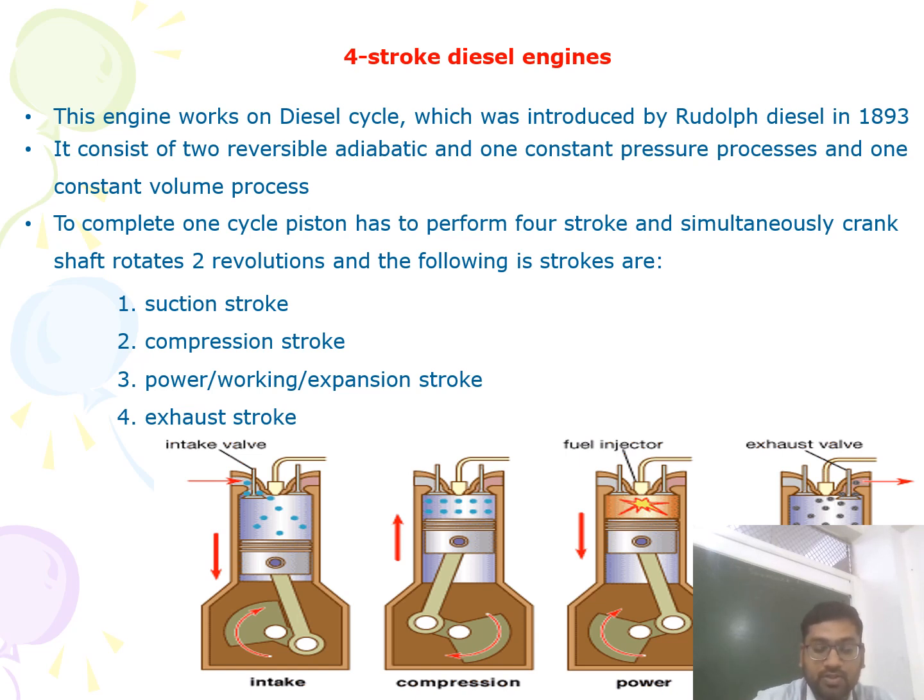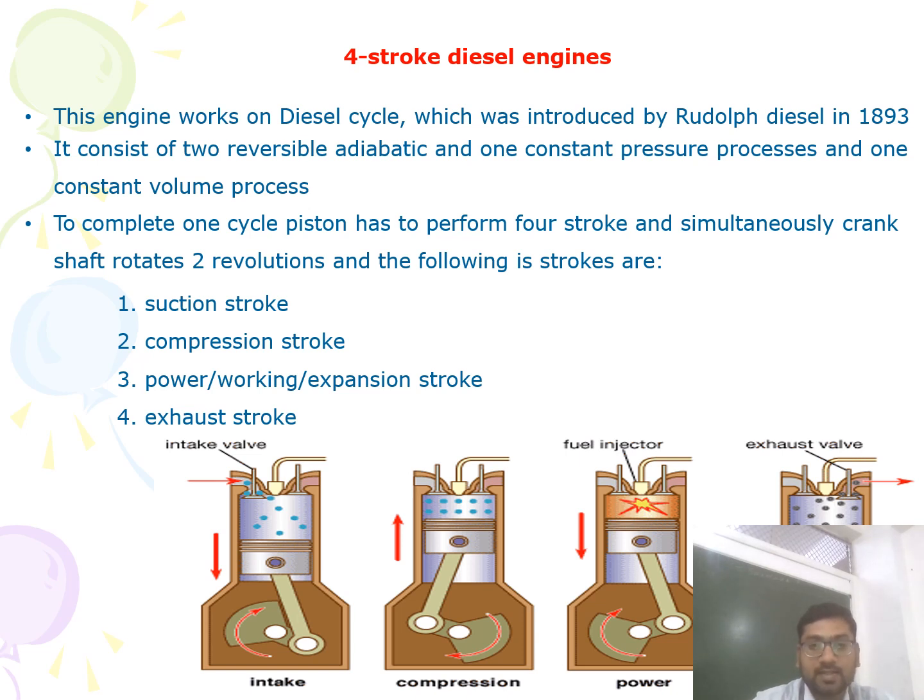The compression ratio of the diesel engine is higher than that of the petrol engine. Due to the higher compression ratio, the air attains a higher temperature than the self-ignition temperature of the diesel fuel. Near the end of this stroke, a metered quantity of fuel, meaning a definite quantity of fuel, is injected into the cylinder.